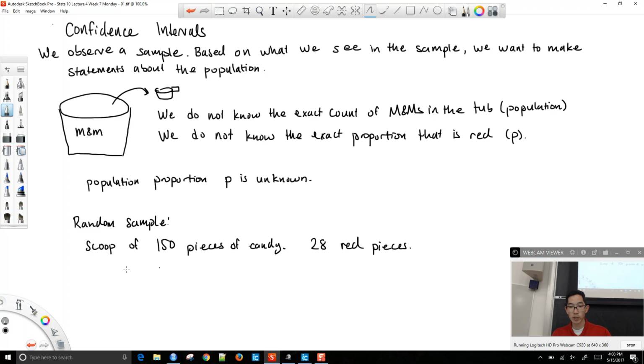So my data is that the sample has n equal to 150, x equal to 28, and that means my sample proportion, p hat, is 28 divided by 150, which is equal to 0.18667. And our question is, what does this tell us about P?